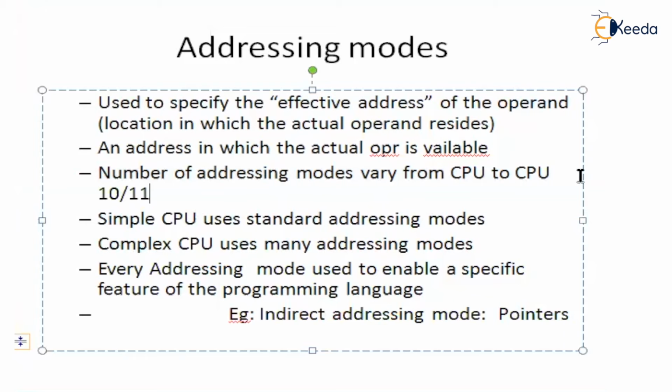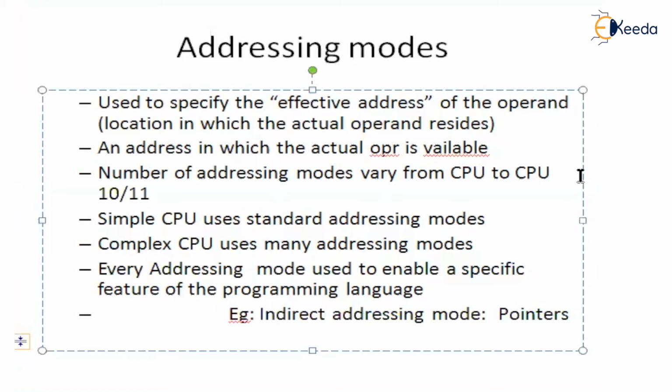But when you go to Intel i9 or i3 or i5 or Celeron or Pentium, maybe more addressing modes get used in those processors because the complexity increases. Nevertheless, we are going to design the standard common addressing modes which are well known to all processors.